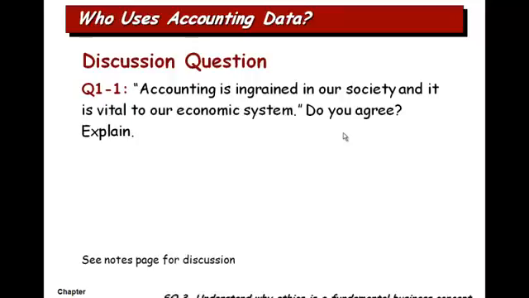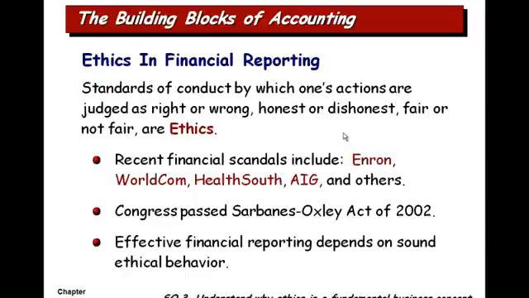So discussion question 1: accounting is ingrained in our society and is vital to our economic system. Do you agree? And the answer is yes. As far as ethics in financial reporting, I'm sure we all heard of Enron, WorldCom. Accounting gives management of a company basically the chance to use their own decisions by using their own estimates, which can very well lead to very subjective outcomes.